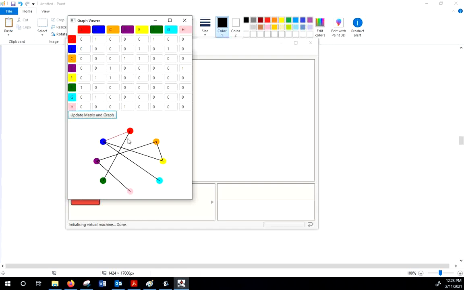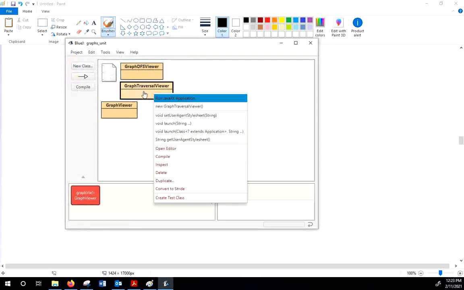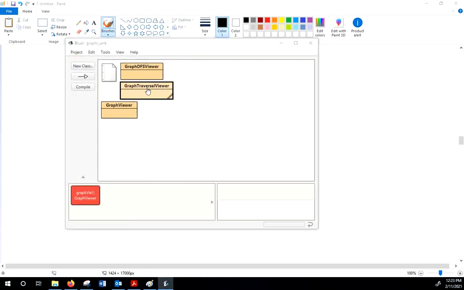And you'll see, I think red means it's only coming from red, whereas if it's symmetric, it would be black. So this blue one is indicating arrows. Arrows were difficult. So you can play around with that and make the different graphs that appear. And then we're going to do a graph traversal viewer and a graph DFS viewer. So we're going to really try and analyze how these things work out.